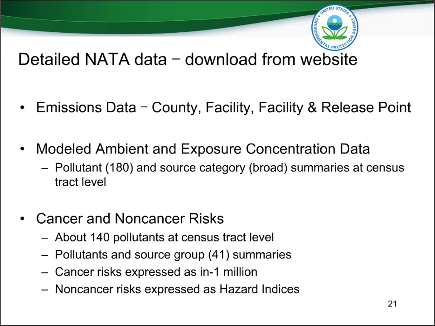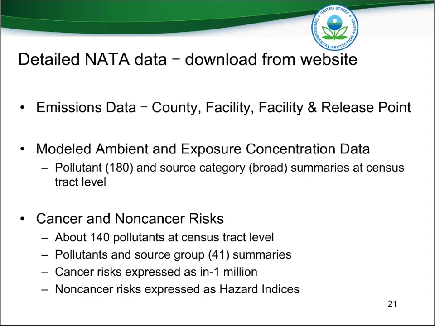So if you want a quick compendium on what went into NATA, and as Madeline mentioned, this is mainly version 2 of the NEI, but we did take all sorts of comments from folks over the course of 6-8 months after that, and have incorporated those into the files that you'll see on the website. So it's a very good place to go if you need emissions data quickly for your particular area. You can also get them through the web app, and Mark will show you how to do that graphically.